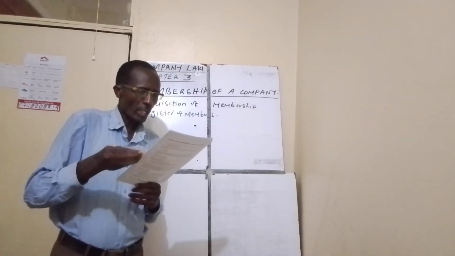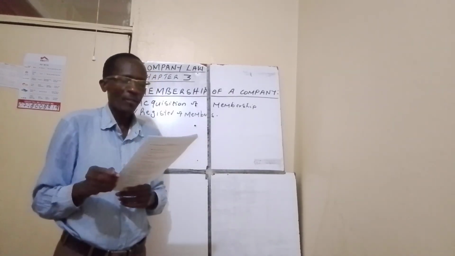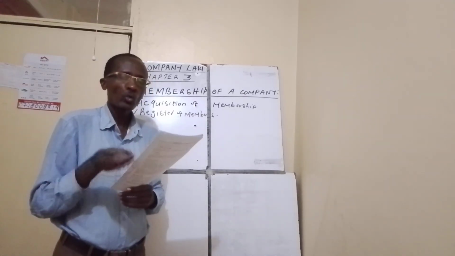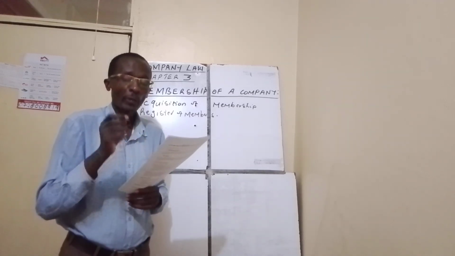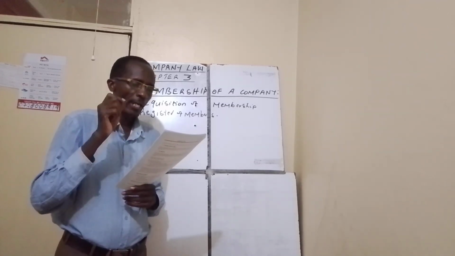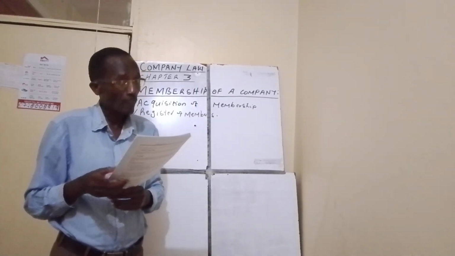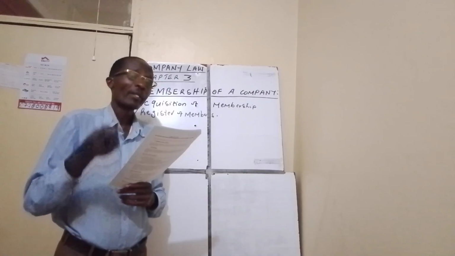The application to the court to rectify the register may be made by, so these 3 people can make application to the High Court to issue an injunction order requiring that there is rectification of the register of members. One is the aggrieved person, number two, any member, number three, the company.